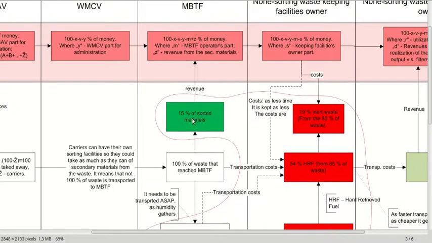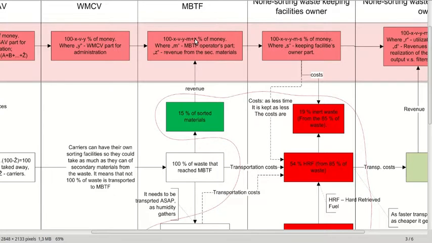Specialists also say that there is 15% of sorted materials in that kind of trash or waste, and that sorted materials could be sold. So the revenue goes to the MBTF. I drew the plus here, so the revenue from the secondary materials goes here, and M is the cost.